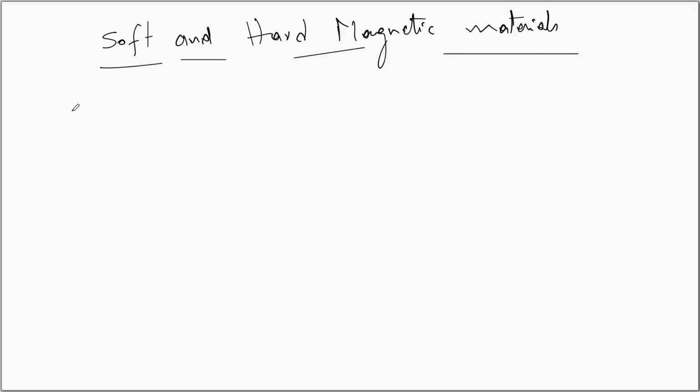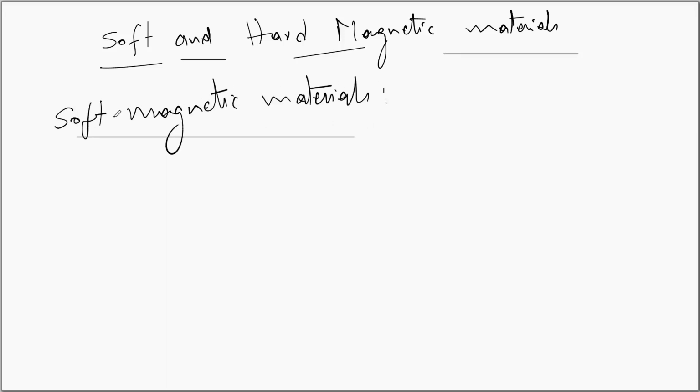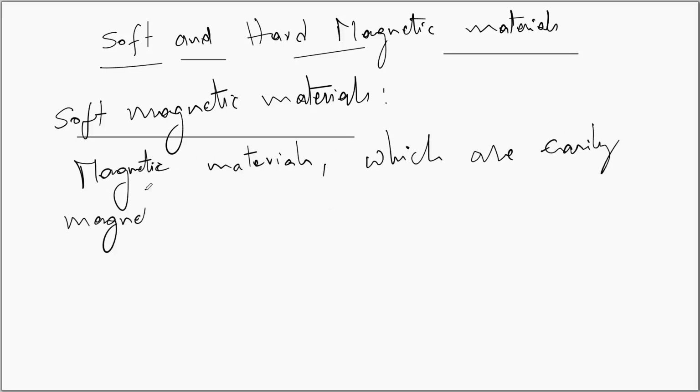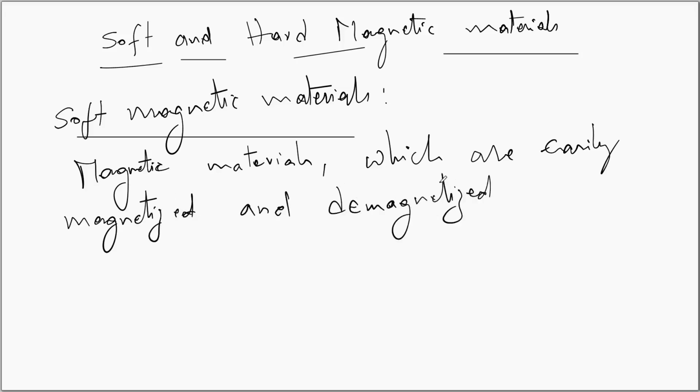The soft magnetic materials are those magnetic materials which are easily magnetized and demagnetized. Such materials are called soft magnetic materials.